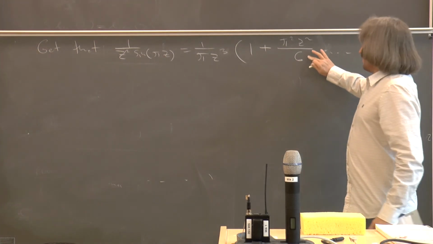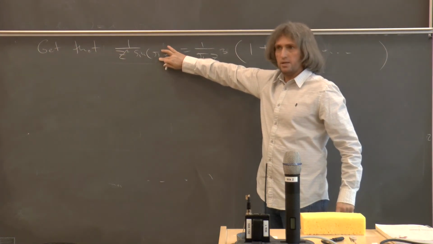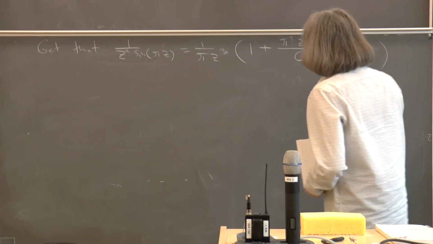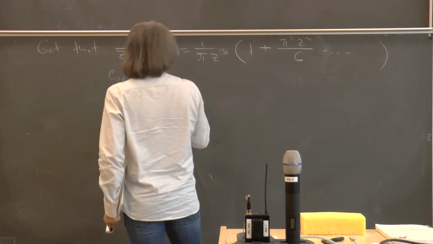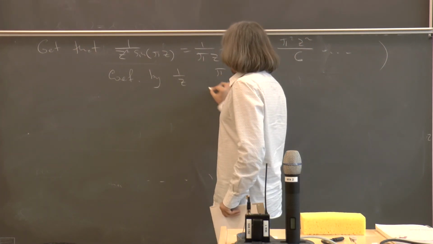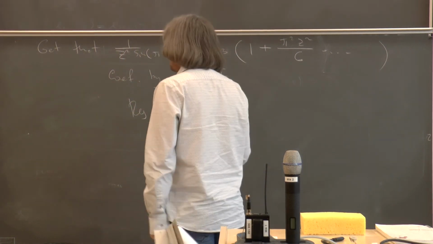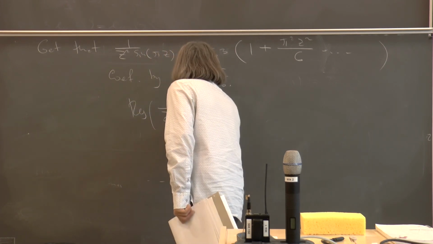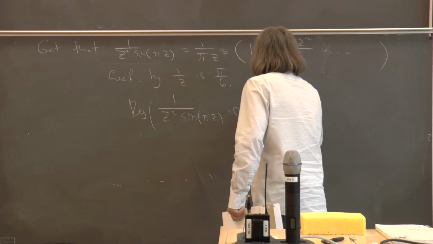This is my coefficient 1 over 6; pi squared appears because there's pi z here. So we see that the coefficient by 1 over z is exactly pi over 6. So the residue of 1 over z squared sine of pi z at 0 is pi over 6.